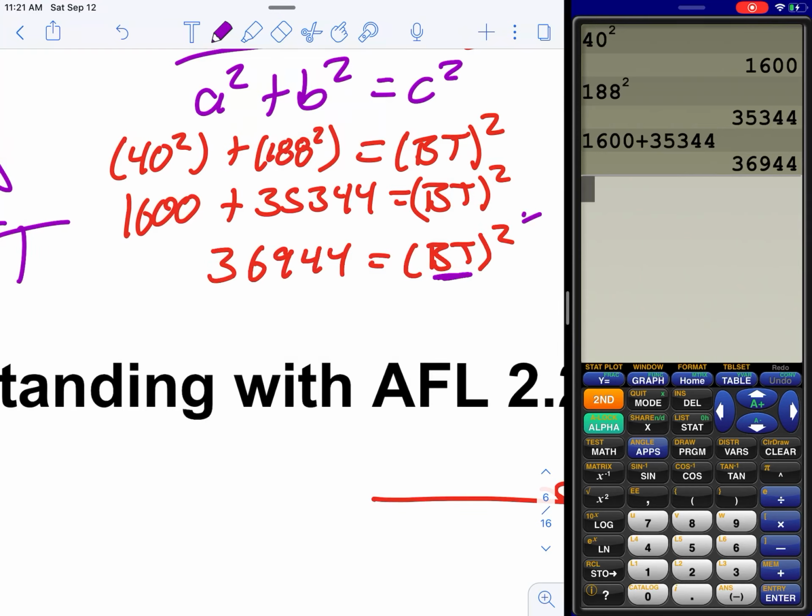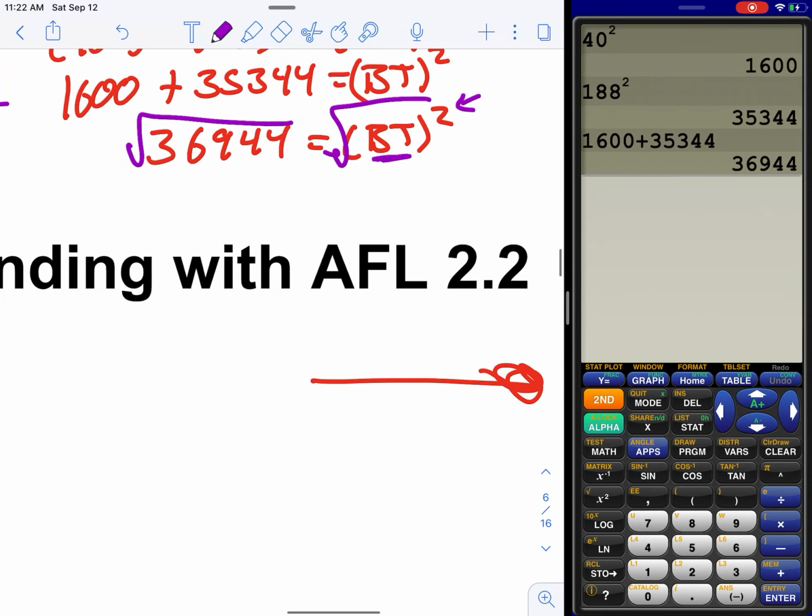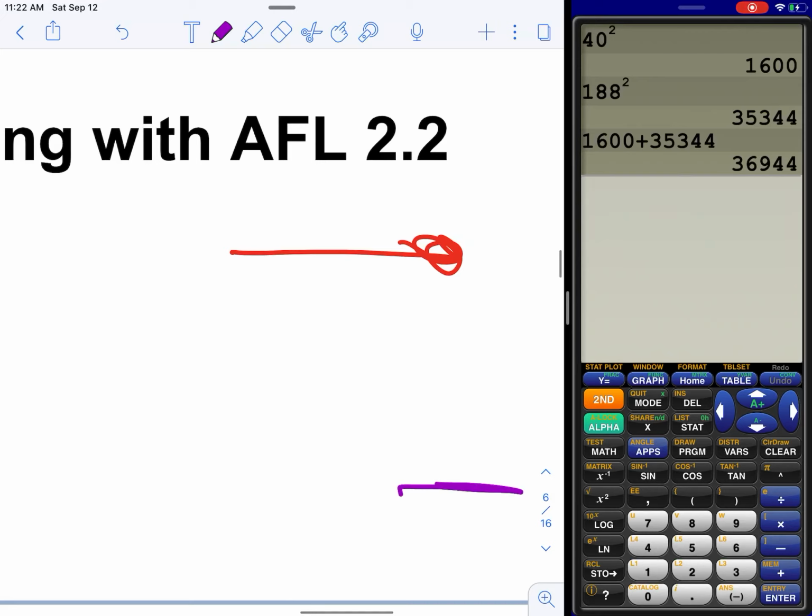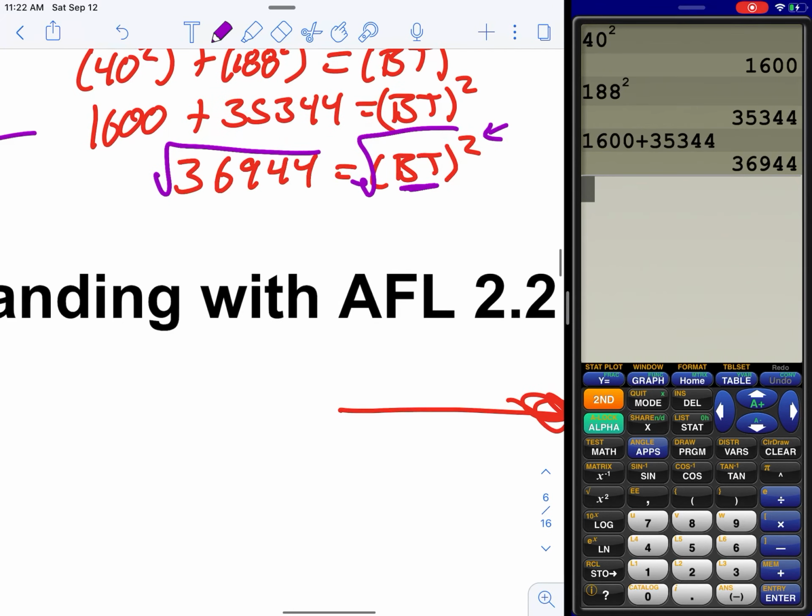And then we still need to solve for BT because it is being squared. So I'm going to square root both sides. So remember, how do I get the square root? Well, if you look down here on your calculator, right above the x squared is a yellow square root.